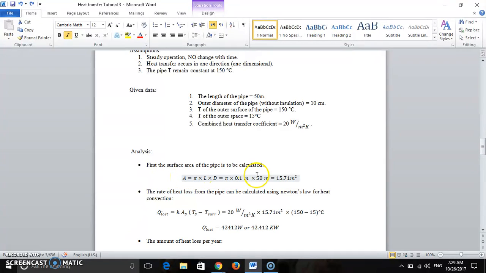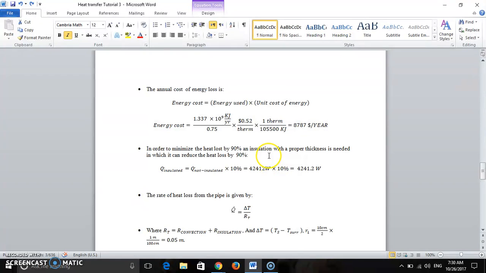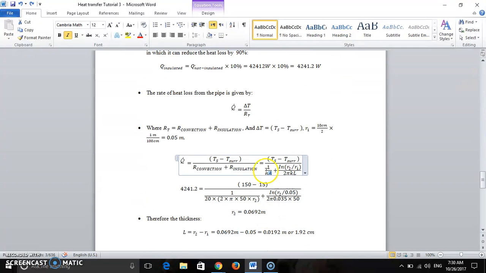That one is the area before we present any insulation, but in this formula the area is the area of the pipe after we present insulation, which will be higher than the previous one, plus R insulation.